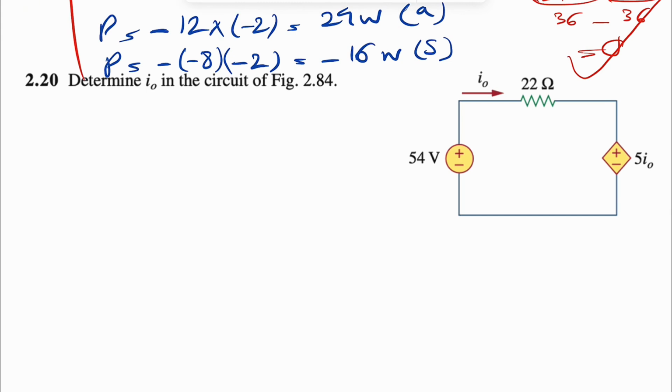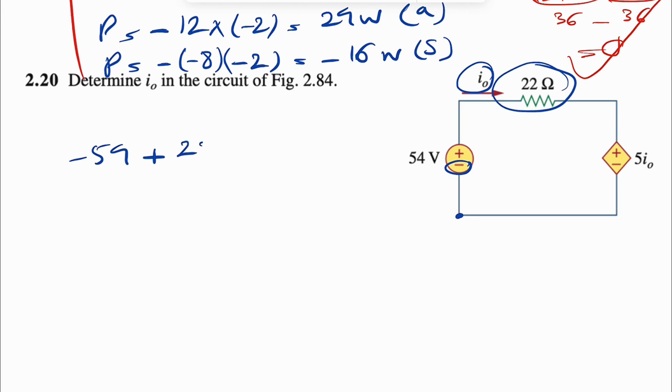All right, moving on to the second question, we need to determine I0 in the circuit of this figure. Looking at it, we can see that we have the current I0, and we can apply the KVL again from maybe this point, entering the negative pole, -54, plus, again, we have always positive for a resistor when we are going in the direction of the current.